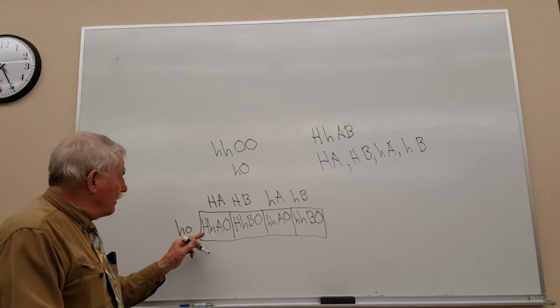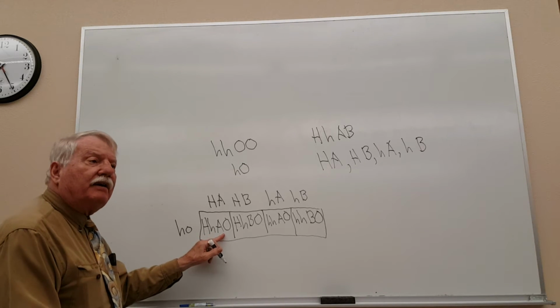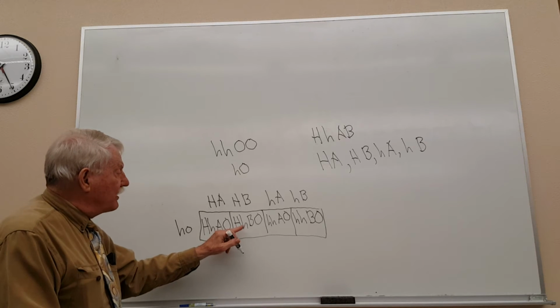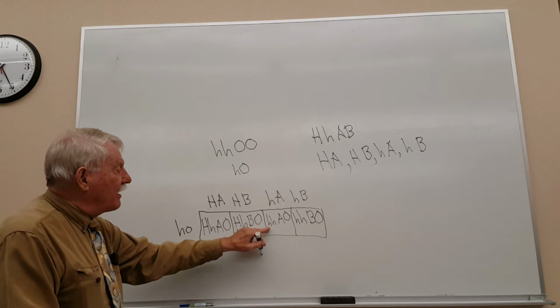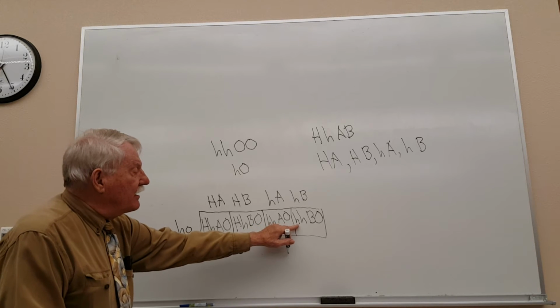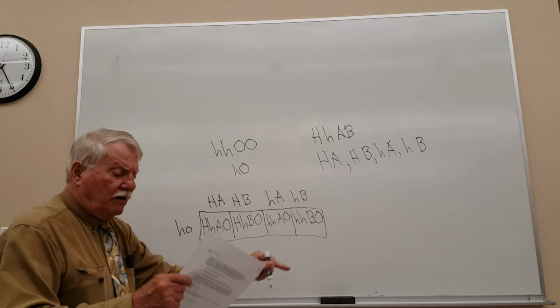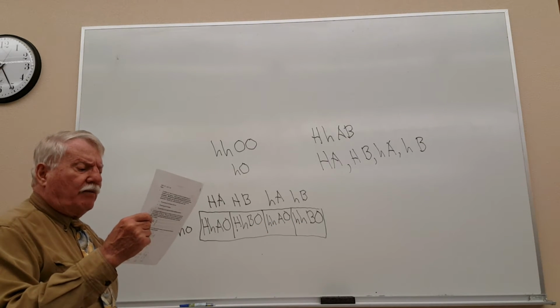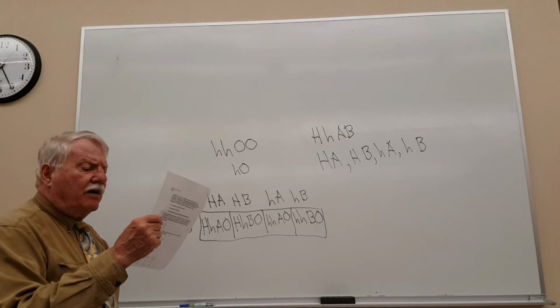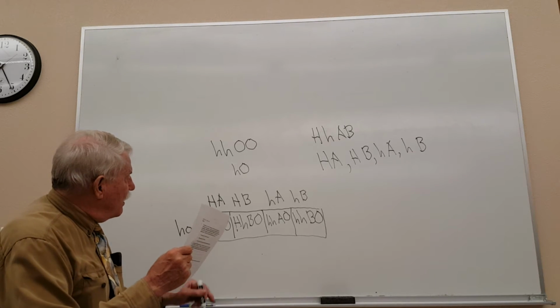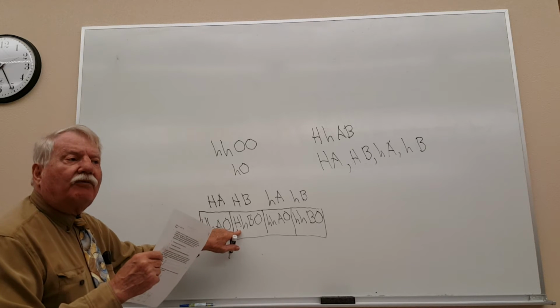Well, we got dark hair blood type A, dark hair blood type B, light hair blood type A, and light hair blood type B. What is the probability they will have a child with dark hair and blood type A? 25%, 1 box out of 4.